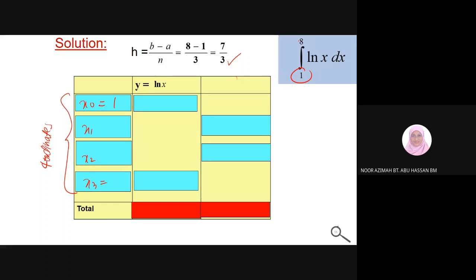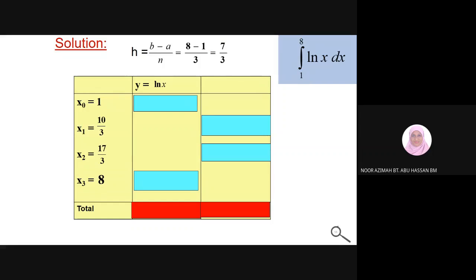X3 kita last ordinate, B, 8. Okay, lepas tu next one, ni tambah H lah. So 1 tambah 7/3. Okay, dan seterusnya 10/3 tambah 7/3. Okay, now you masukkan dalam calculator non-X. Nak calculate answer pun boleh. Okay, ataupun just nak terus evaluate pada ln 1, ln 10/3 pun boleh. Tak ada masalah anyhow, okay.